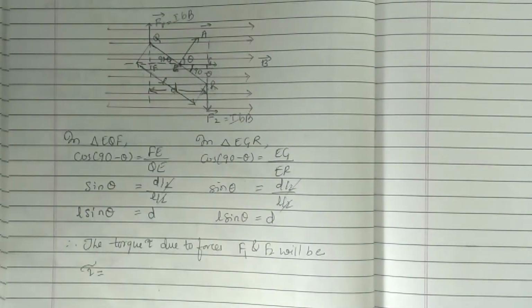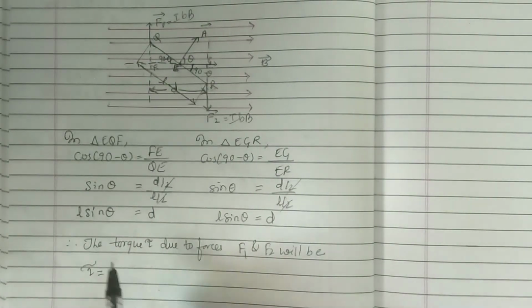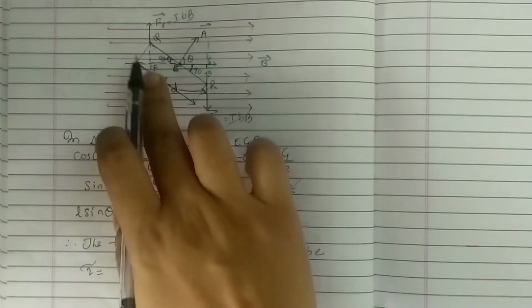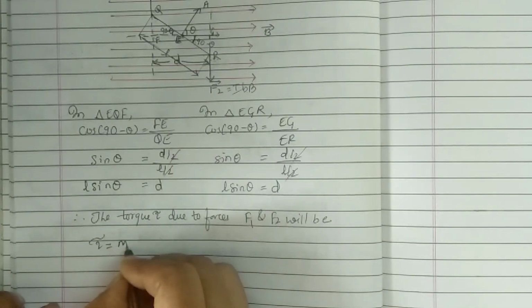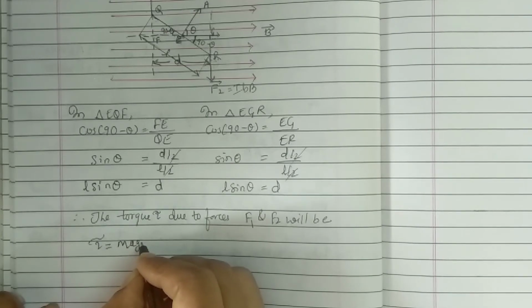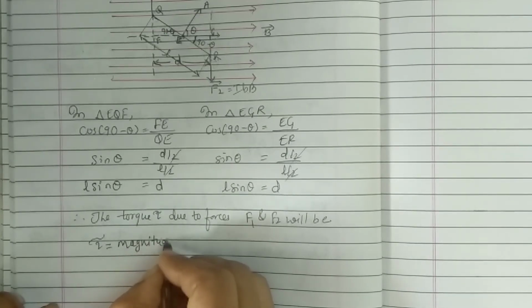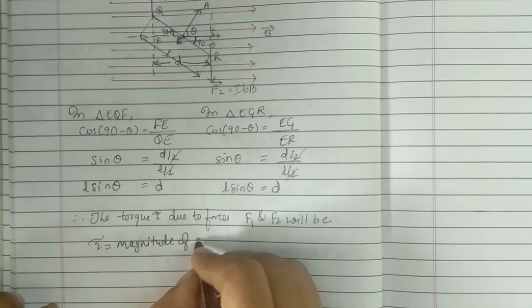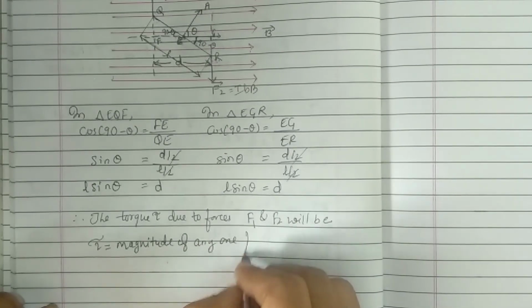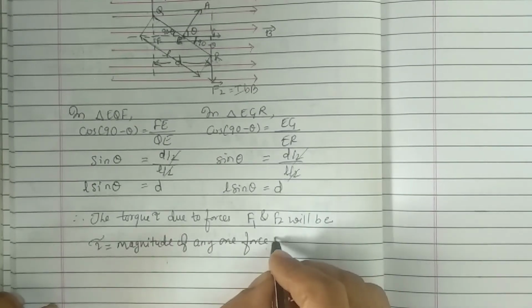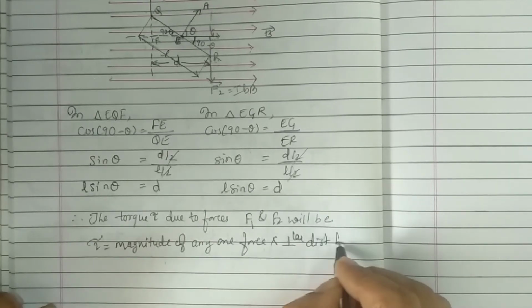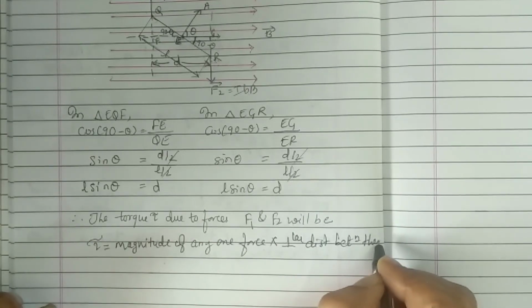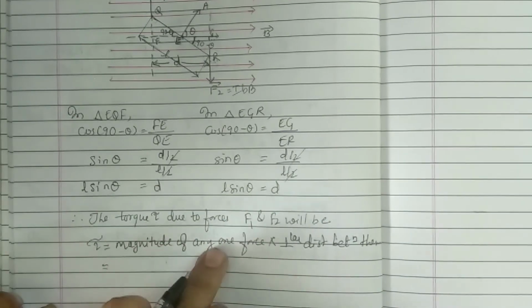Now how to define this torque? The torque tau due to this F1 and F2 will be the magnitude of any one force into the perpendicular distance between them. What is the magnitude of any one force?